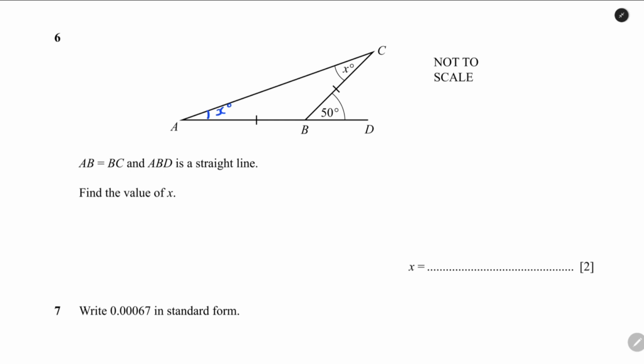Now, the opposite interior angles here are what? X and X. So their sum will be X plus X, which is the same thing as the exterior angle, which is 50. So we know that 2x is equal to 50, and that gives us x equal to 50 over 2, which is 25.